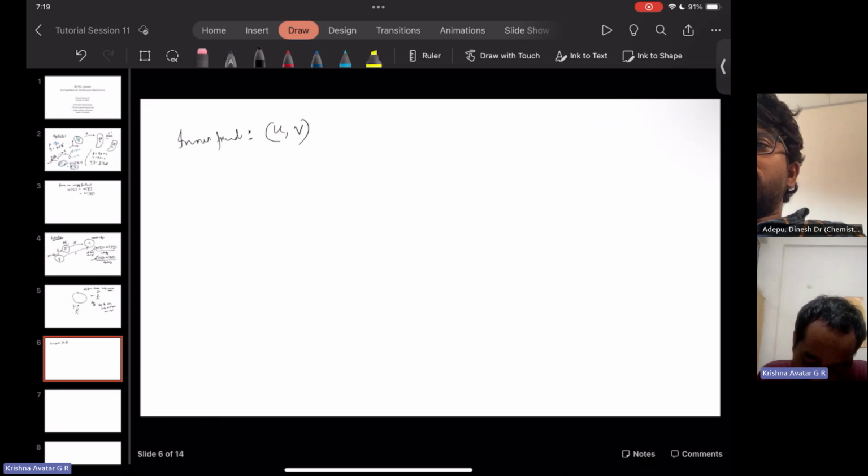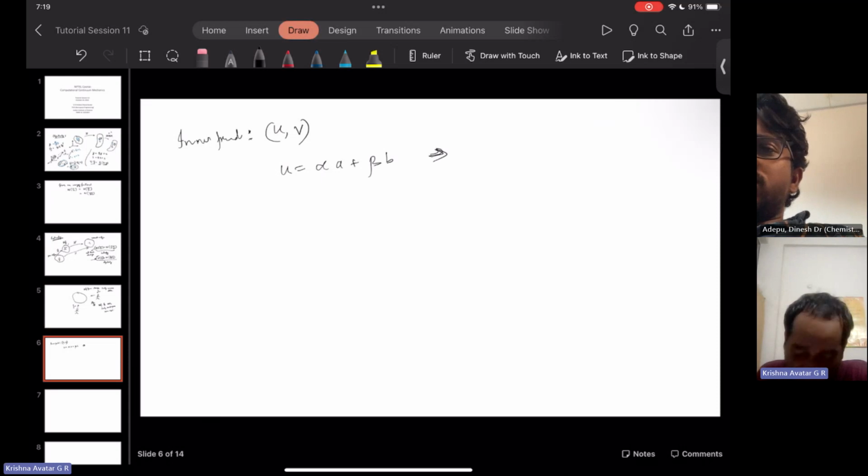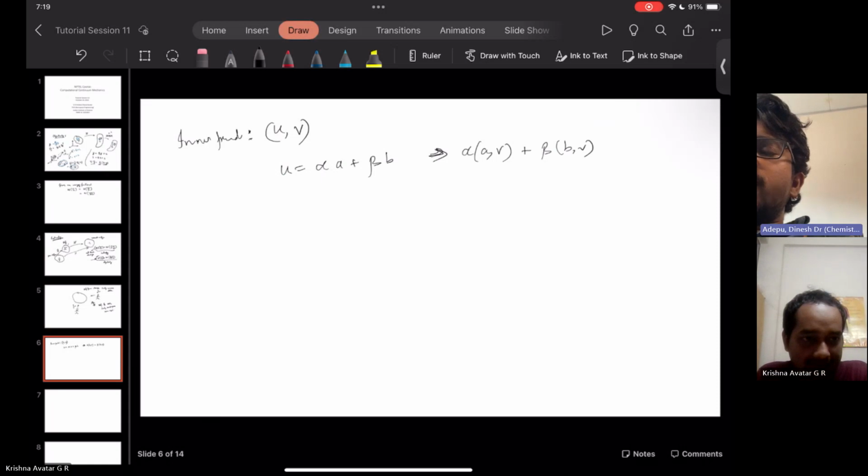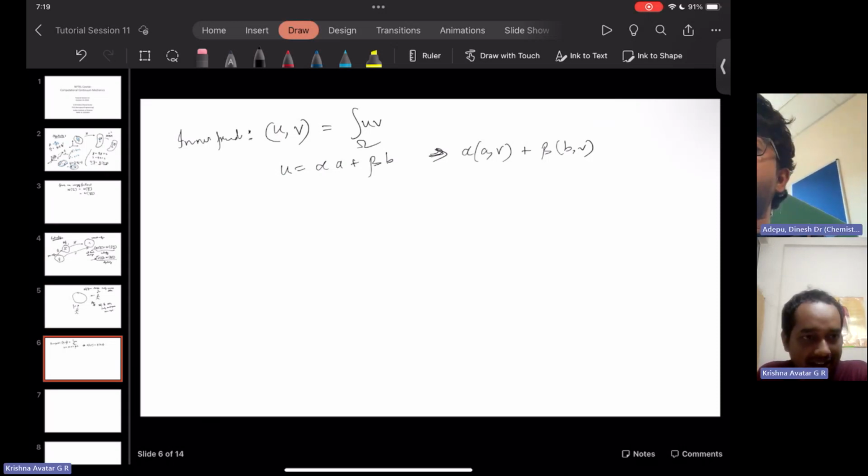Then say you take U to be alpha A plus beta B. From the way we define linearity, this comes out to be alpha A V plus beta B V, isn't it? Because this is how we define it. We just define the inner product of U and V as an integral over some domain, and this comes out neatly.